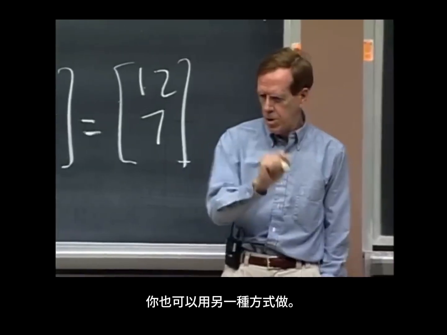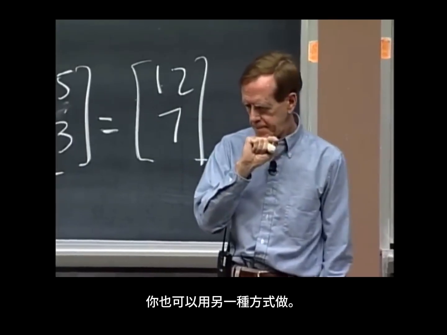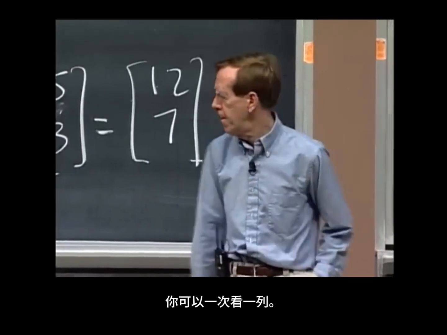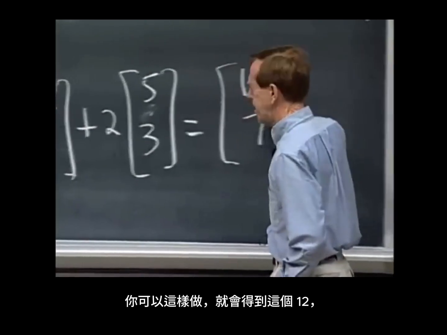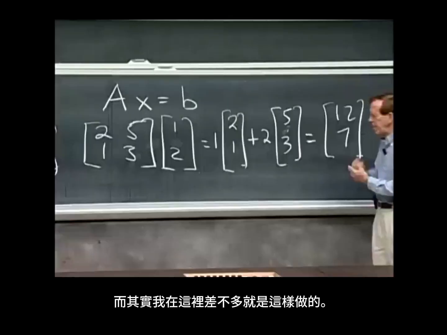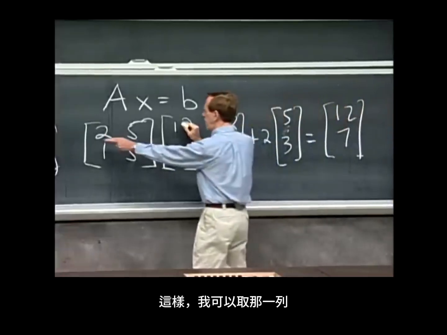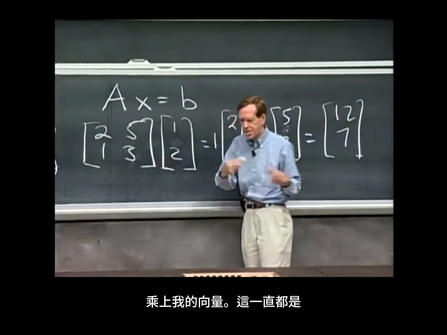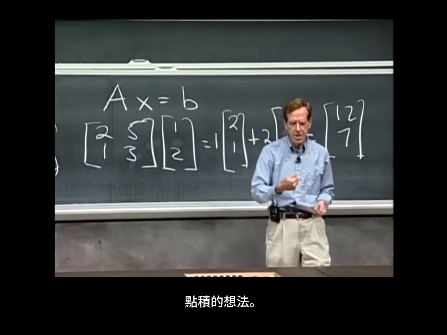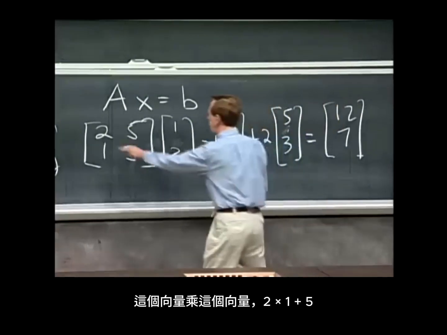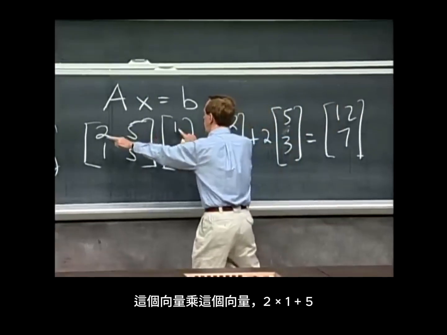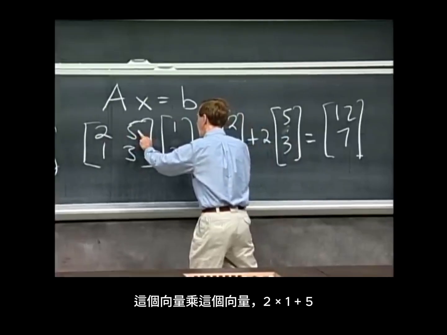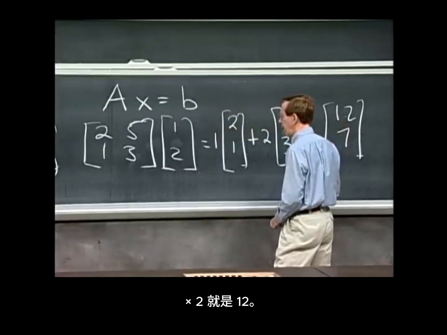Now, you could do that another way. You could do it a row at a time. You would get this 12, and actually I pretty much did it this way. I could take that row times my vector. This is the idea of a dot product. This vector times this vector: 2 times 1 plus 5 times 2 is the 12.